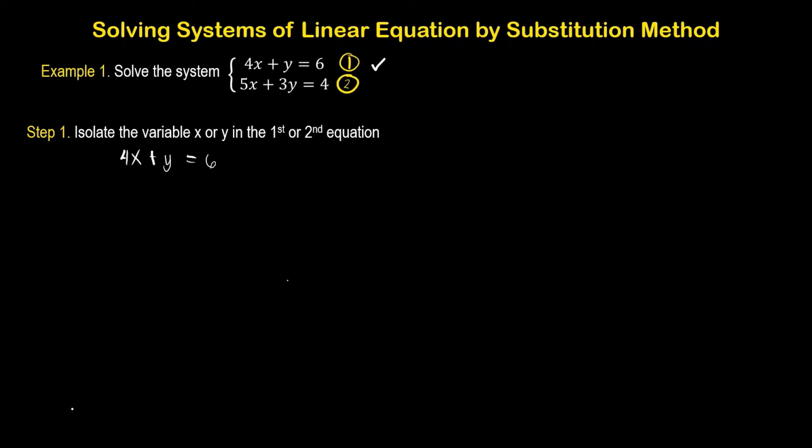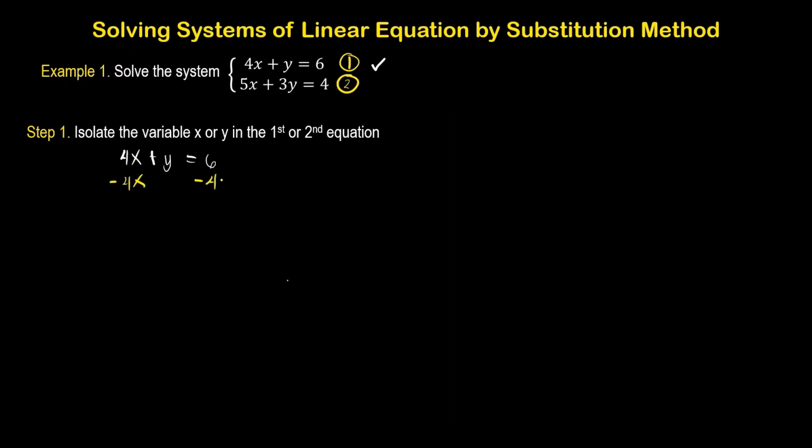Then, ang next natin gagawin is mag-decide tayo. Anong una kong i-isolate? Si x ba or si y? But of course, kung titingnan natin to, mas madali na lang i-isolate si y. So therefore, para ma-isolate natin si y dito, ang gagawin lang natin is mag-add tayo ng negative 4x on both sides.